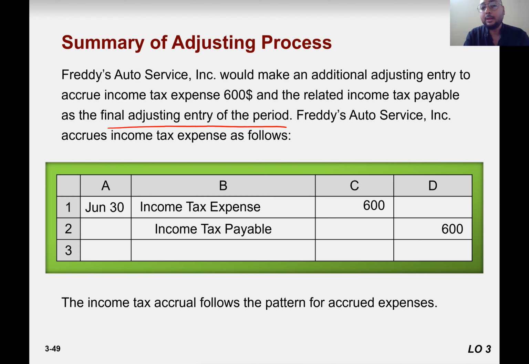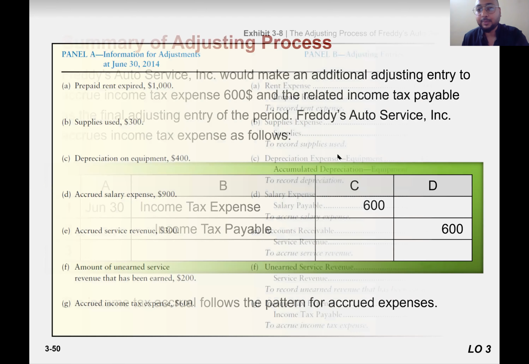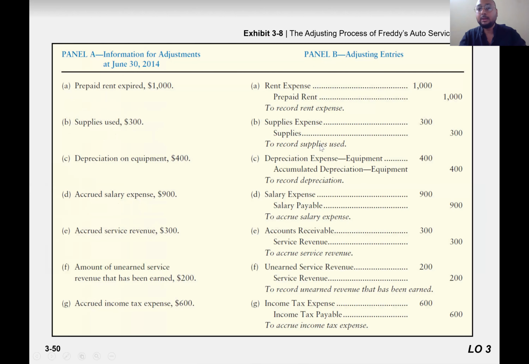So entry would be income tax expense to income tax payable, right? Expense to liability. So these are all the illustration in a nutshell in this table here.